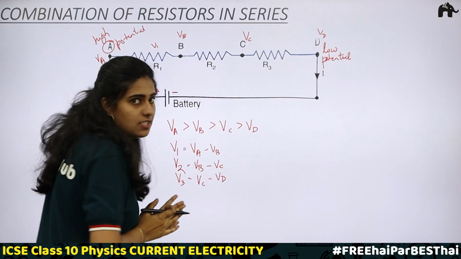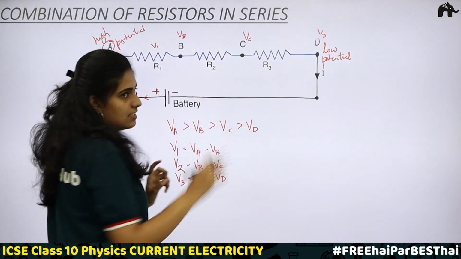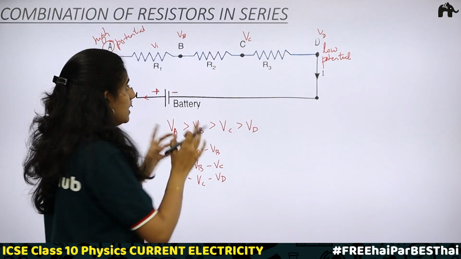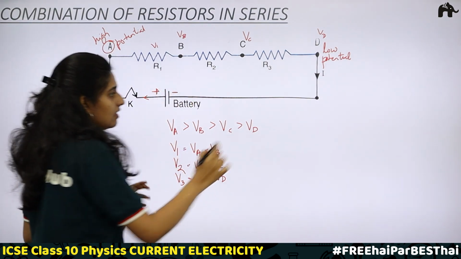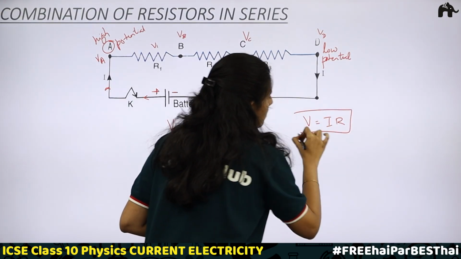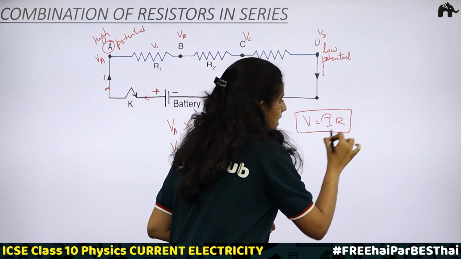Now, what about potential difference? We have understood that the current is the same through all the resistors, but the potential difference will be different. It depends on the resistance. How are resistance and potential difference related? We have V is equal to IR according to Ohm's law. Here we are saying that the current is a constant.